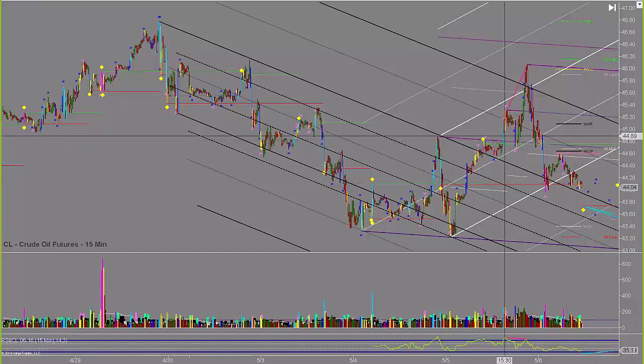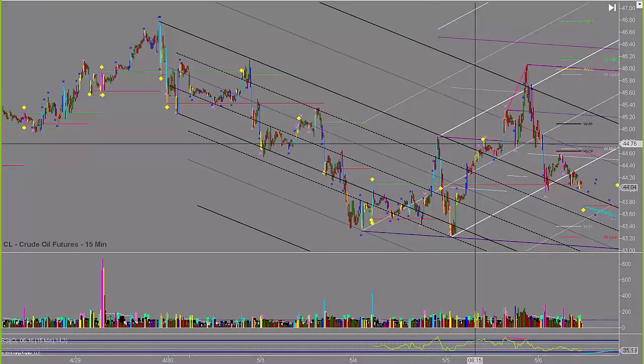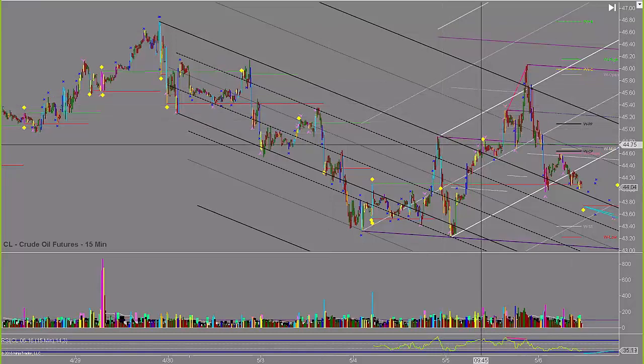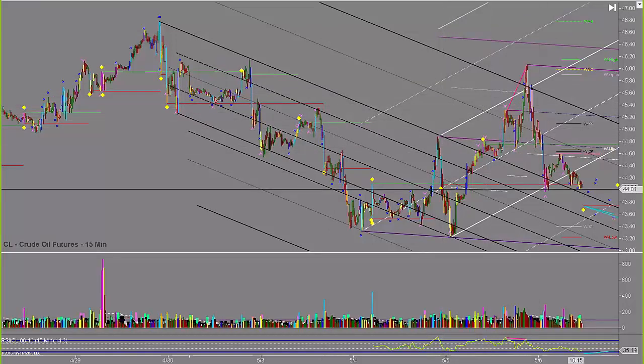So I was able to use my previous areas by keeping this channel on my chart for longer. It helped me see what's going on with the market. So a support and resistance line has worked multiple times. Would you agree?